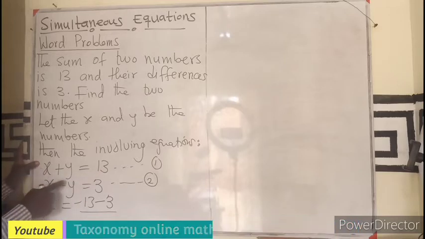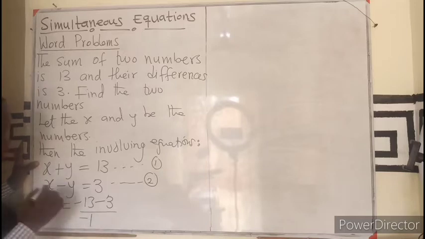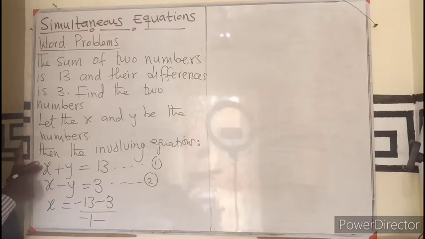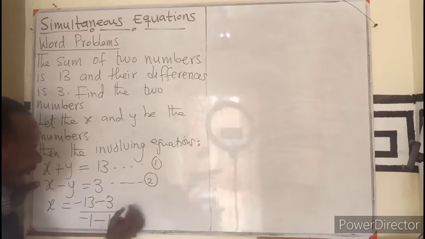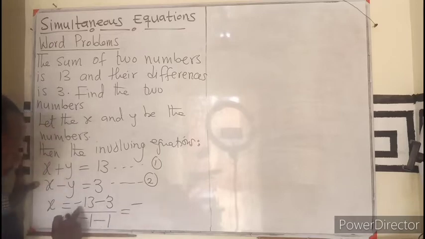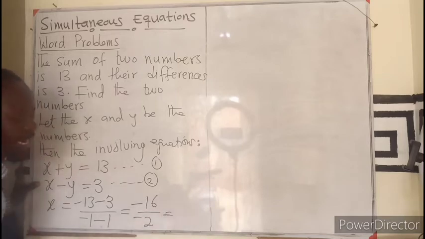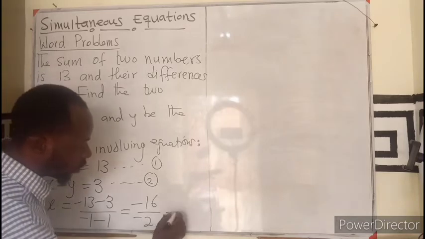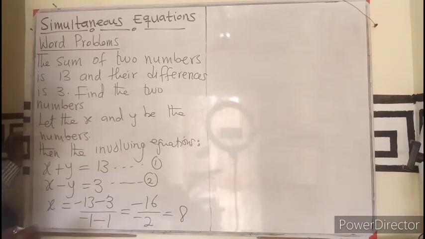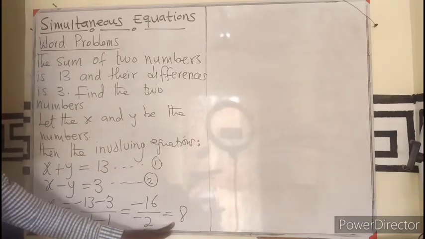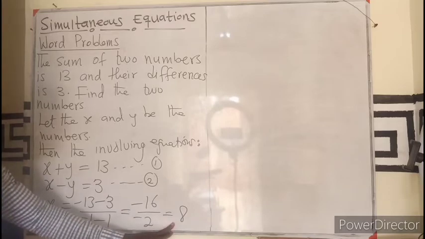So 1 times minus 1 gives minus 1, minus 1 times 1 gives 1, so the denominator is minus 1 minus 1, which is minus 2. So I have minus 16 over minus 2, and the minus cancels. 16 divided by 2 gives 8. So the value of x is 8 using the Cramer's shortcut method.